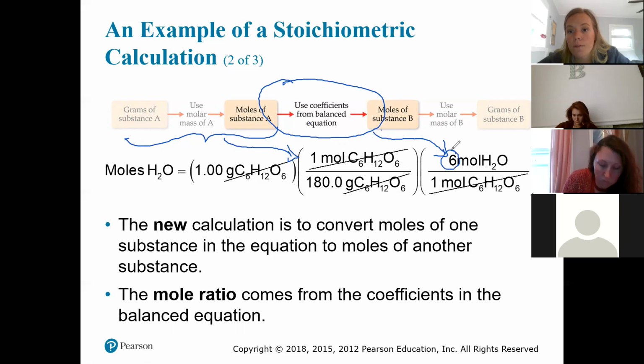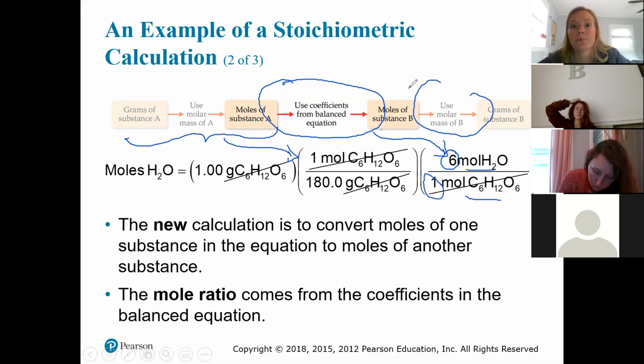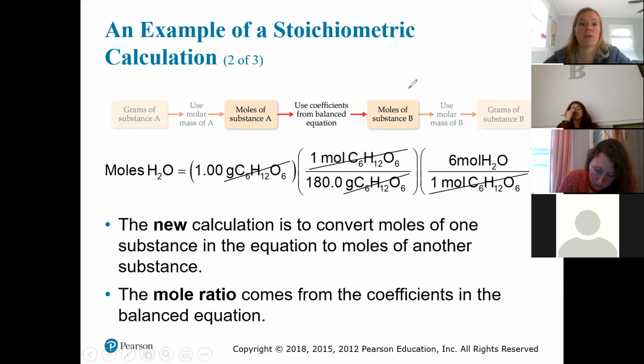We use the coefficients of the balanced equation to hop, or change, from glucose into water. The last step is just, because the problem said I want to know grams, I don't want to know moles, to take the molar mass of water to convert it back into grams. So the next slide will show all of those together.